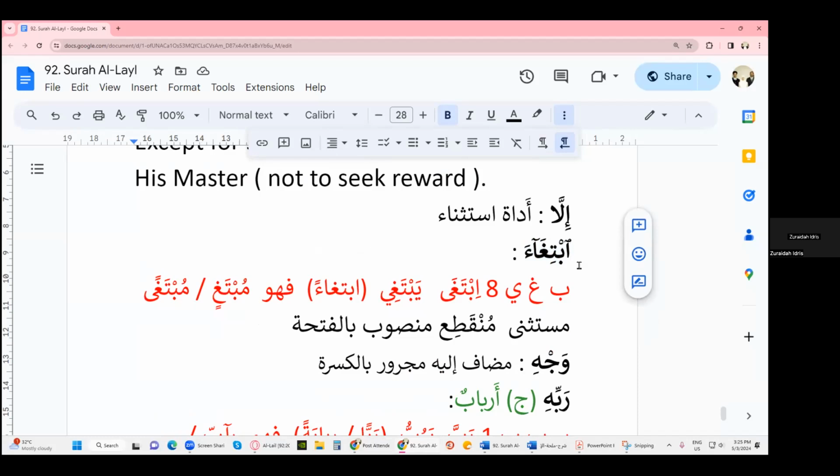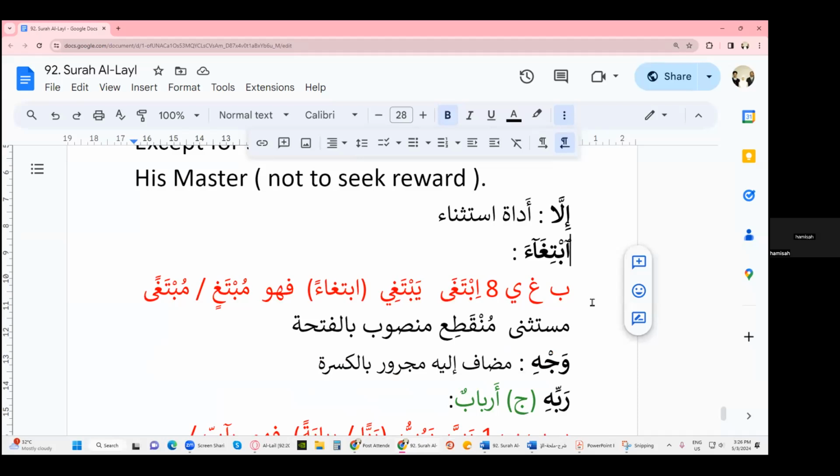So what sort of detail can that be? Which of the different types of details will answer a question? Maf'ul bihi would be what. But this is a question about the reason. What sort of detail? Why is it? Yes, that's right.